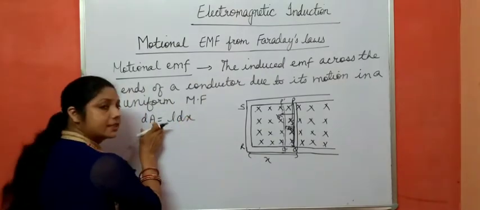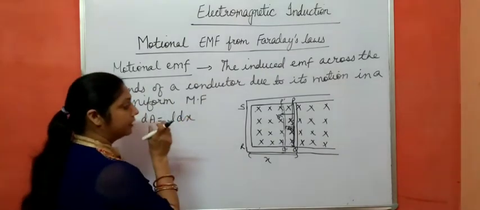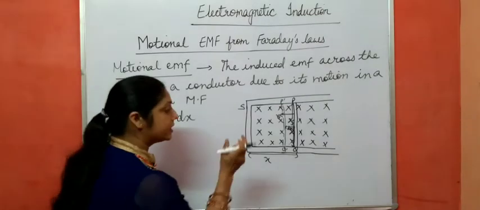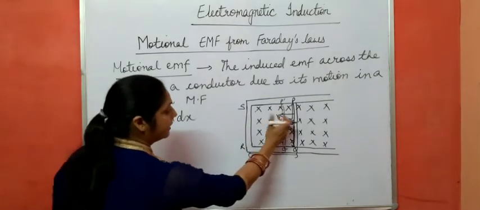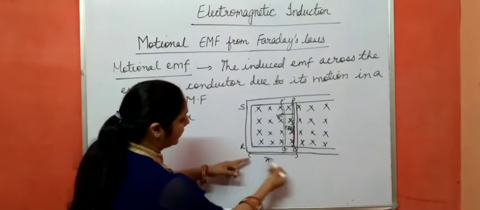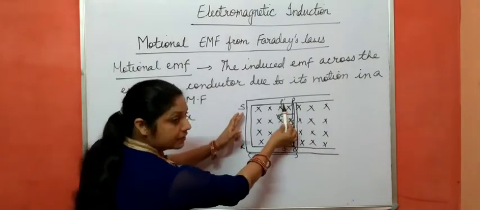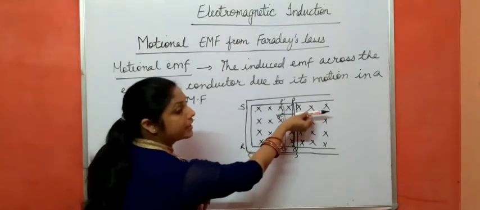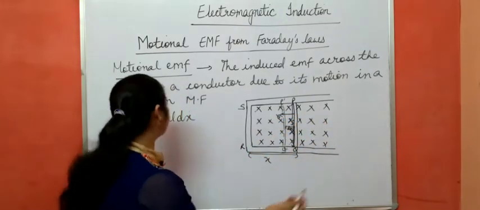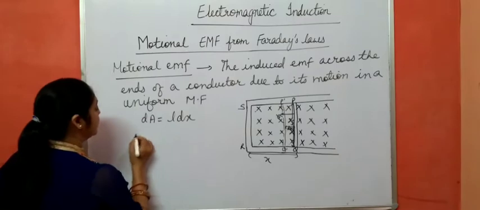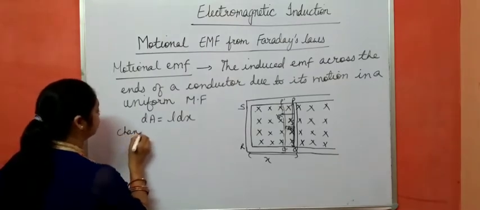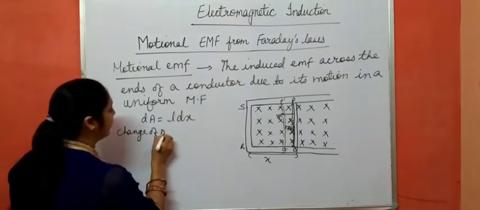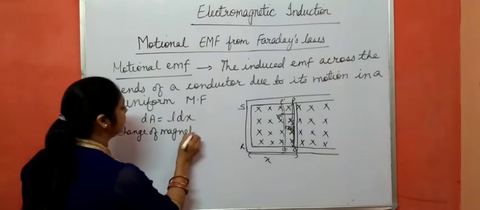And due to this change of area, the magnetic flux also changes. There is a decrease in area: previously the area is L into x, now the area becomes smaller, so the area decreases. And when this conductor moves towards the right side, its area increases, right? So what is the change of magnetic flux due to this change in area?